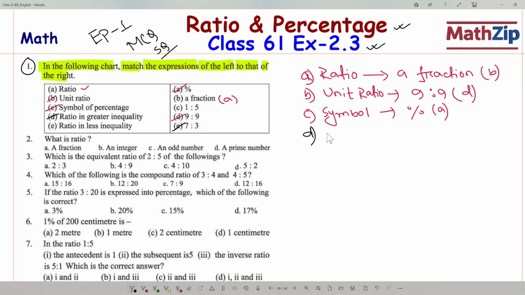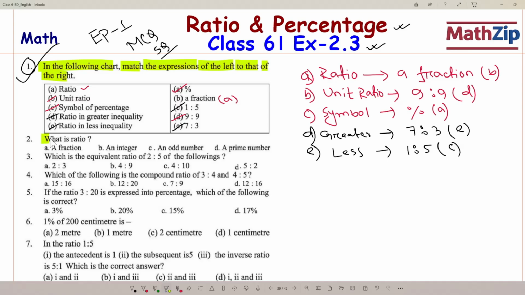So greater, it will be 7:3, which is number E. And finally, ratio in less inequality, whose denominator is larger than the numerator. It means 1:5. It's number C. So question 1 is done.